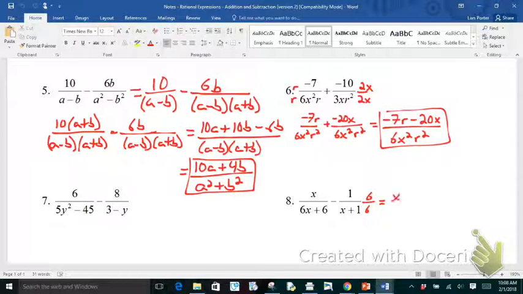And so we would have x over 6x plus 6 minus 6 over 6x plus 6, and that is going to be equal to x minus 6 over 6x plus 6.